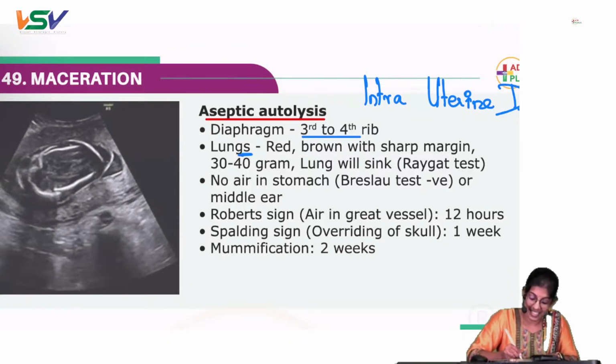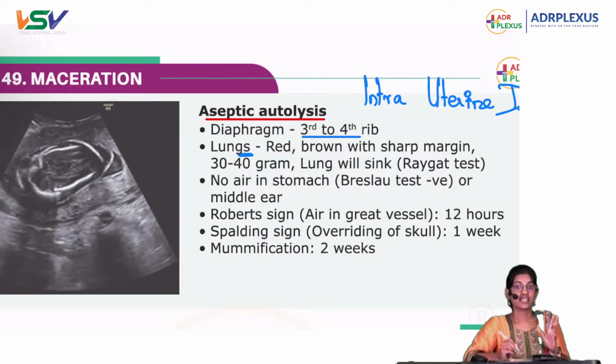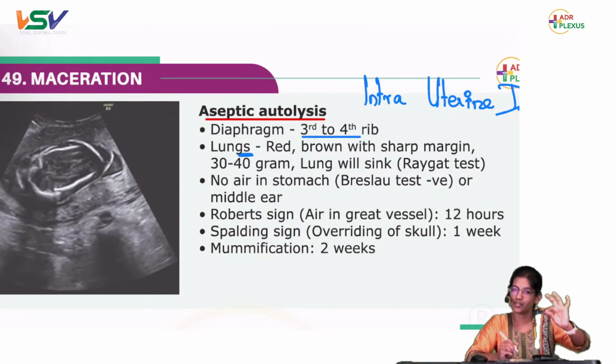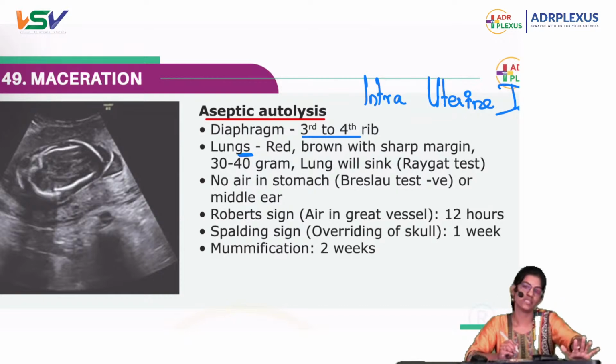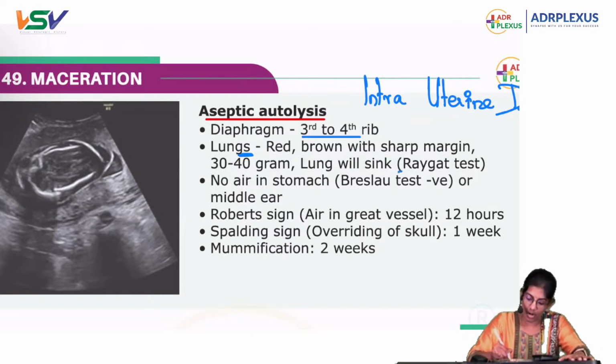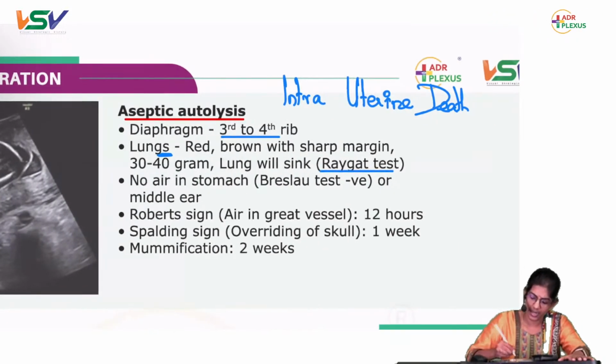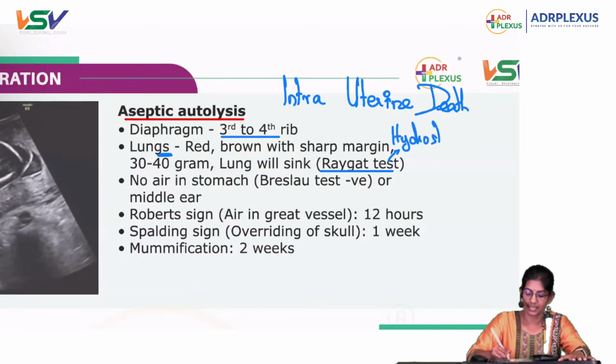Remember the word 35, lungs. Both lungs together, it's about 35 grams in weight. It is reddish brown in color, with very sharp margins. And when you take a piece of the lung, squeeze it, put it in water, it will sink. That is called Raggi's test. It is also called the hydrostatic test. This test is also called the hydrostatic test.